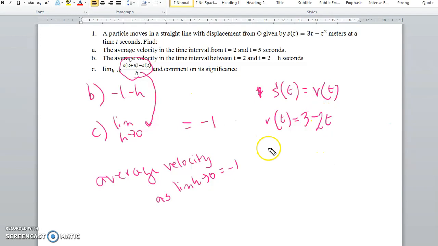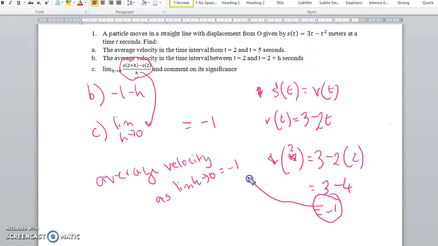Then we can sub in v of 2, because that's our t value, which is 3 minus 2 lots of 2, so 3 minus 4, and that gives us negative 1.